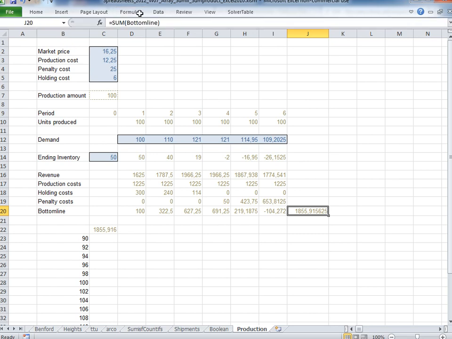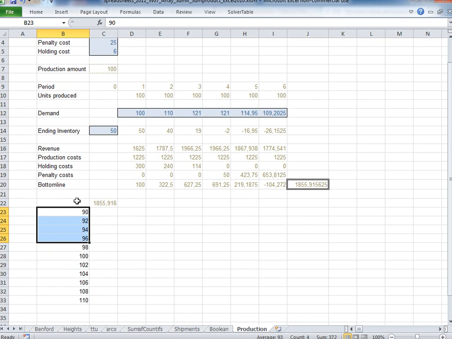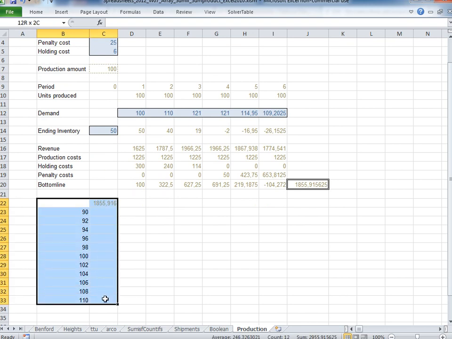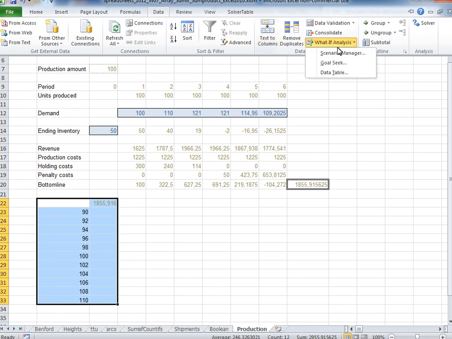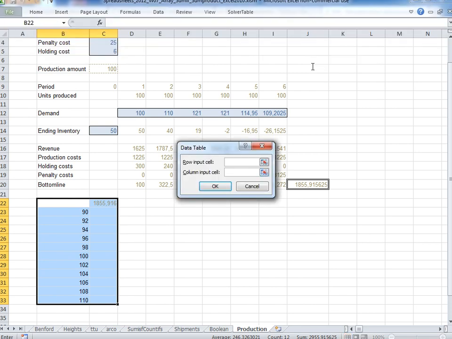Now the thing to do here is we've already tied together the bottom line cells with equals, but these numbers, the production amounts, have not been tied together, so we will select them all in one and do data, what-if analysis, data table, and we will do column input cells.